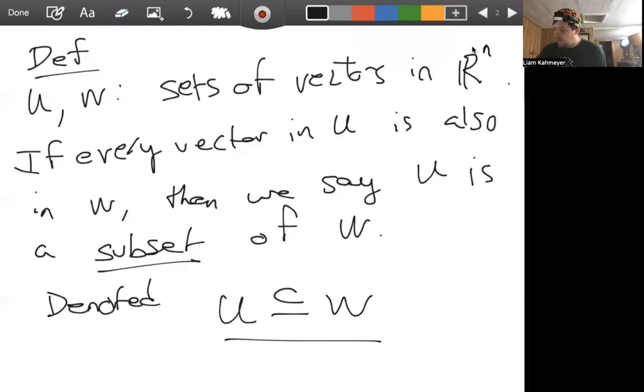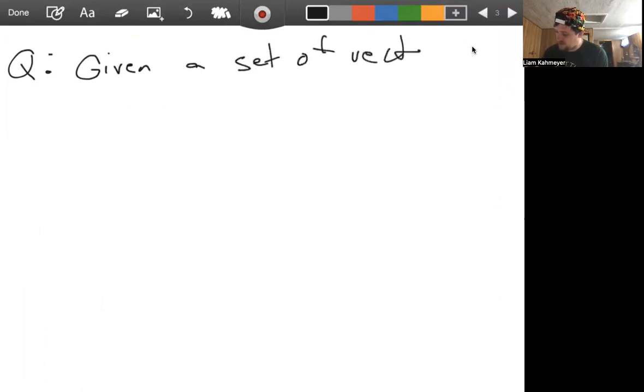Now, here's a question. Given a set of vectors, we can give it a name too. Let's call it U, the set of vectors v1, v2 through vk.